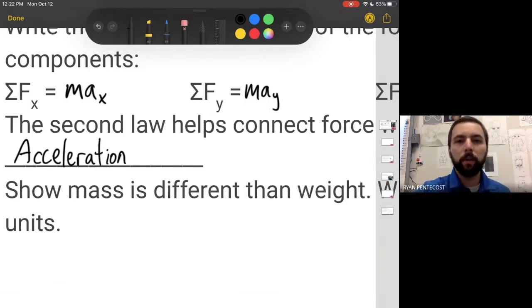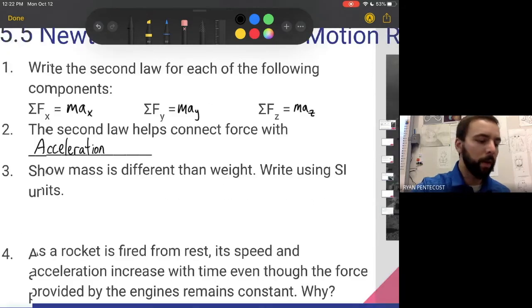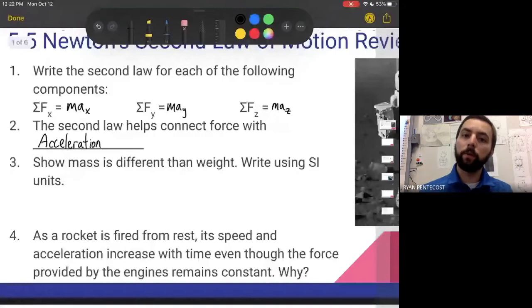We did some calculus with non-constant acceleration, but the physics equations that we use, the orange equations or the general kinematic equations, are for the most part for constant acceleration. That's what we have to have in order to do the math. And the same goes for Newton's laws: they are going to yield a constant acceleration. Now, if that acceleration is changing, you've got to involve calculus with Newton's laws, and that gets complicated, so buckle your seatbelt. But we won't work with that quite yet. So the second law helps us connect force with this common idea of acceleration that we've had so far.